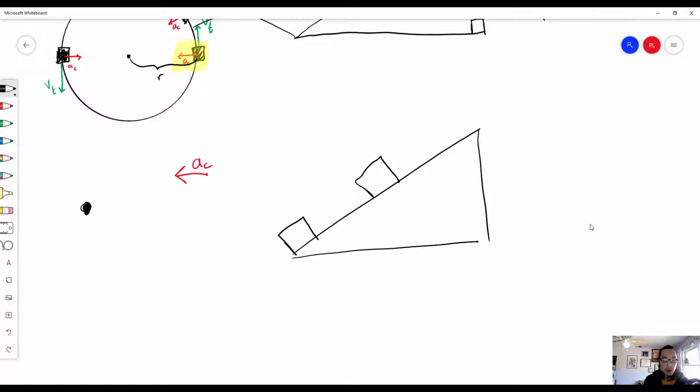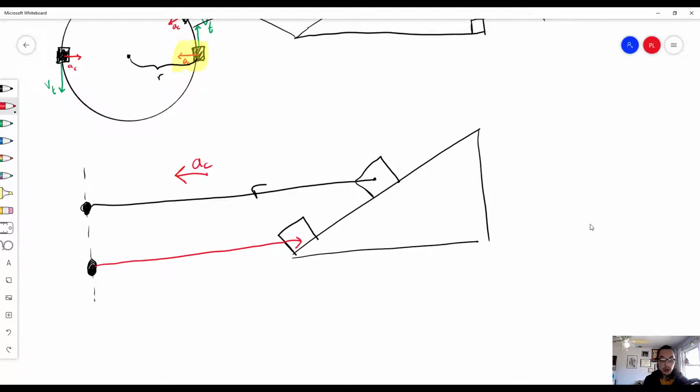And so our radius decreases because if this is our original radius r away, and this is still the center of the curve, if the car slides down the ramp because it is moving slower, we can see here that the radius r got smaller.